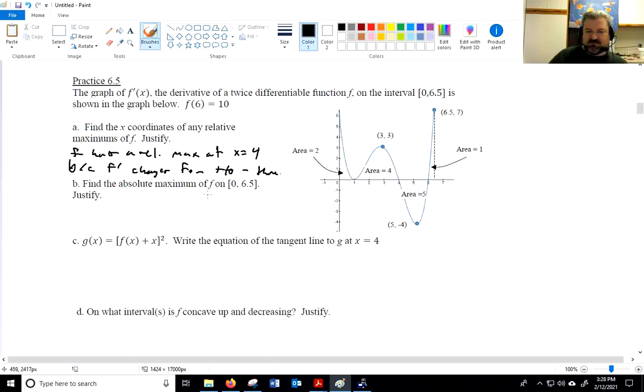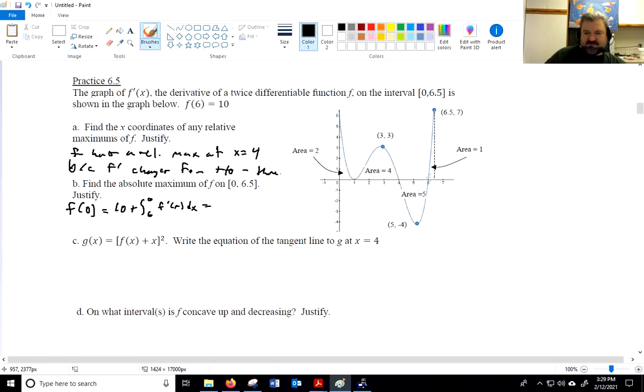Find the absolute maximum of f on the interval from 0 to 6.5. Well, let's just use the candidates test. So first of all, what is f of 0? Well, f of 0 is going to be equal to f of 6, which is 10, plus the integral from 6 to 0 of f prime of x dx.